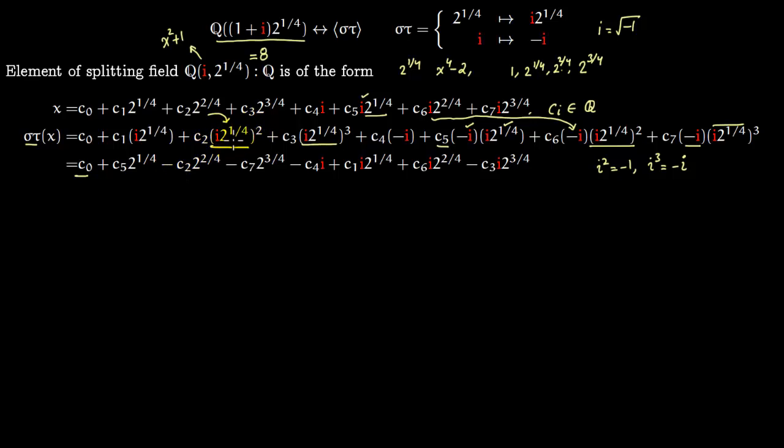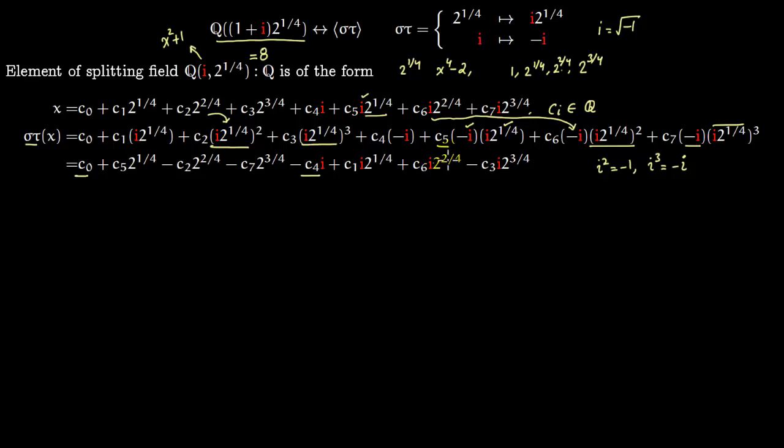You have this 2^(2/4), and for 2^(3/4) you have c7. Again you have negative i squared, which will give you negative c7. Then you have c4, which is just negative c4 i. c1, you are just copying this right here. c6, this thing right here, you have i squared times negative i cubed. So negative i cubed is just i. That's what you get here.